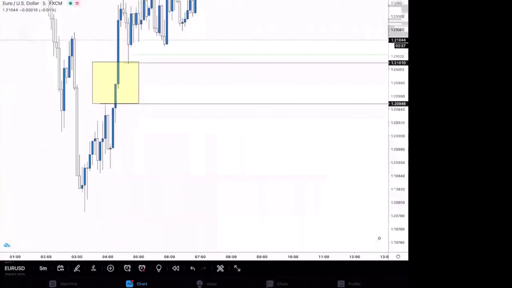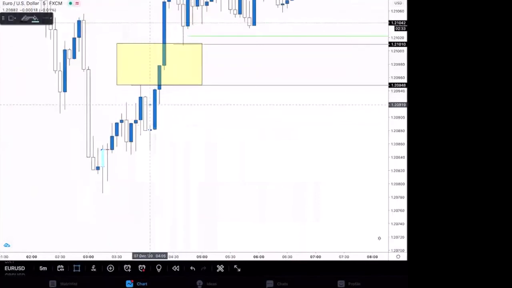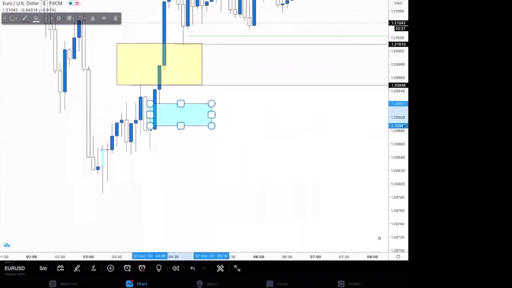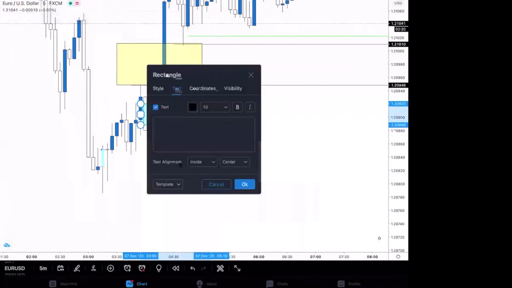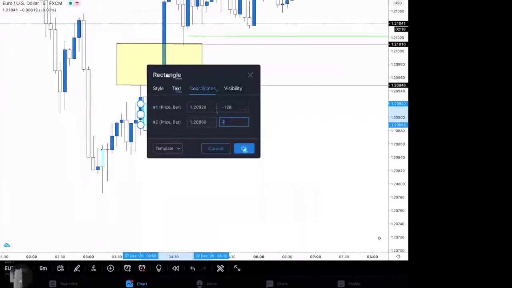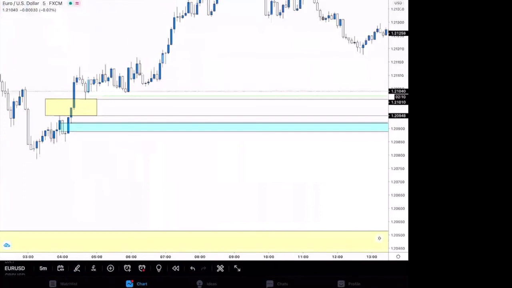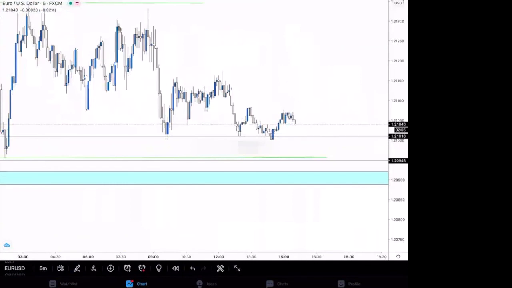You can see that imbalance right there, right? So now what we can probably expect price to do is react off of that zone right there.